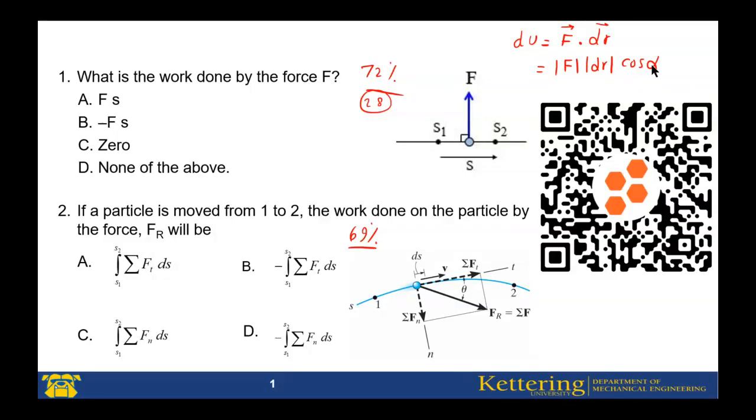For the first question, because the force is perpendicular to the displacement, alpha will be 90 degrees, meaning that cosine alpha will be 0. It means that the work done from S1 to S2 will be 0. C is the correct answer.